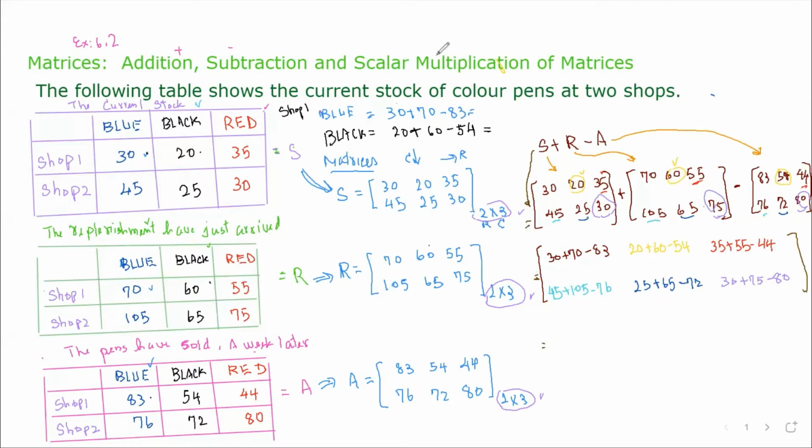So I should draw a line to separate them, so you won't be confused. After this you can use the calculator, correct? You can add and simplify. For the first one, 30 plus 70 is 100. So 100, take out 83, so we left 17 here. So this one becomes 17.